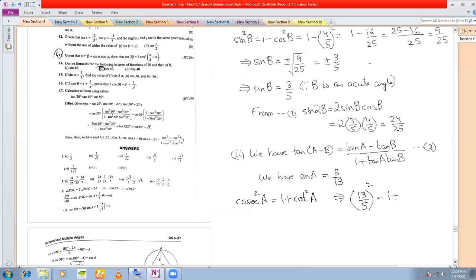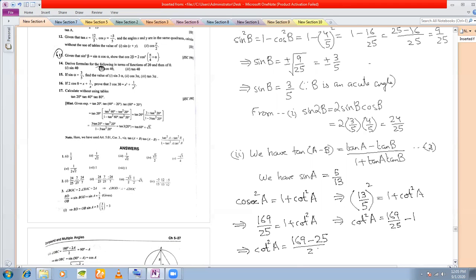So 169 by 25 is equal to 1 plus cot square A. That means cot square A is 169 by 25 minus 1, which is (169 minus 25) by 25, which means 144 by 25.